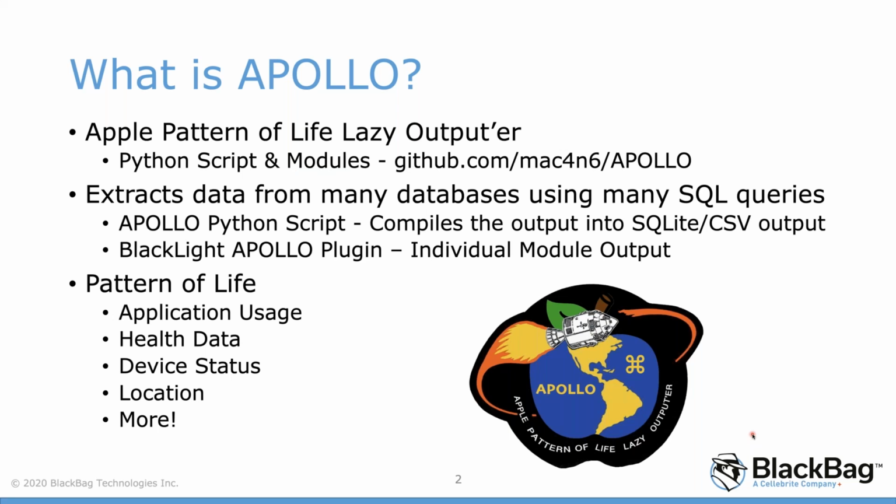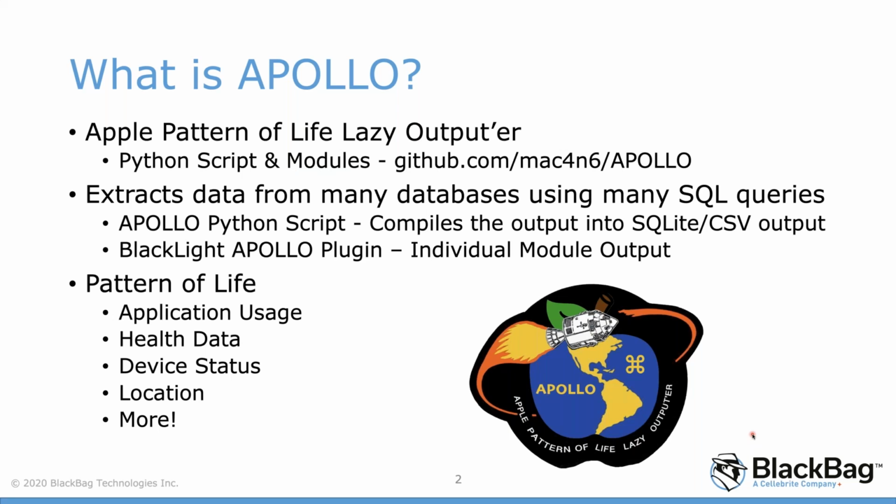So what is Apollo? Apollo is the Apple pattern of life lazy outputter, and I stress that it is lazy. What it does is take all these different databases. Before it was for iOS, now we're moving to macOS. It takes all these different SQLite databases, throws different SQL queries at them, and then outputs that data.